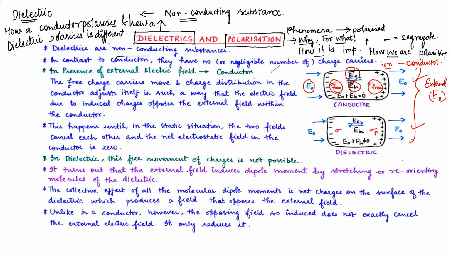They get segregated and they will have this internal electric field in the opposite direction, E internal opposing E external. These free ions play an important role. So these free ions start to form an opposing internal electric field.